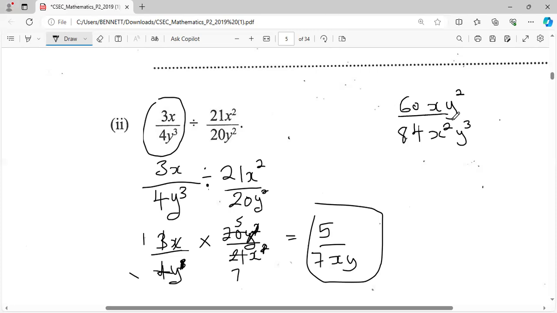So we could use 12 to cancel down. 12 into this 5 times, 12 into this 7. So we get the 5 and 7 already. We have x, that's gone, so 1x leaves. We have y squared, that cancels, leaving y1. So you'd have gotten the same answer, 5 over 7xy.